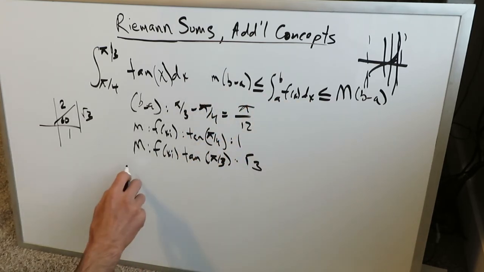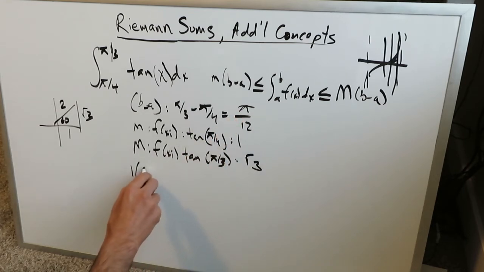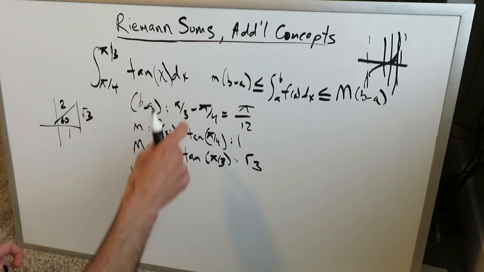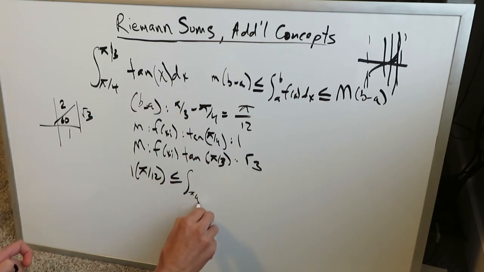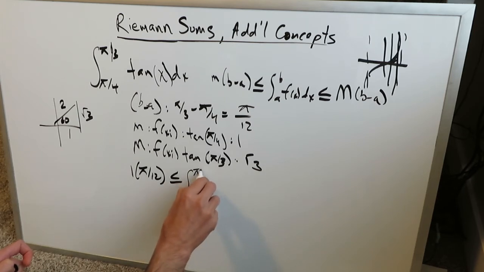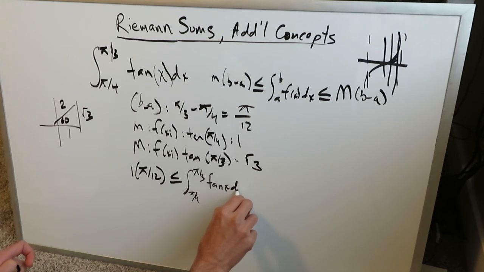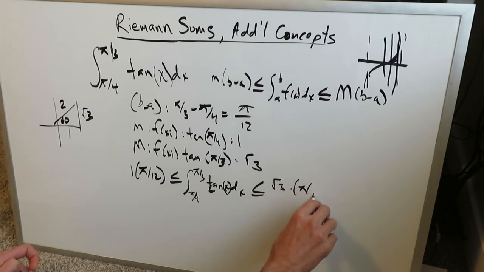The lowercase m, which is 1 multiplied by the interval pi over 12, is the area of this function from pi over 4, 45 degrees, to 60 degrees for tan x dx, and it will be up to this maximum area of root 3 times pi over 12.